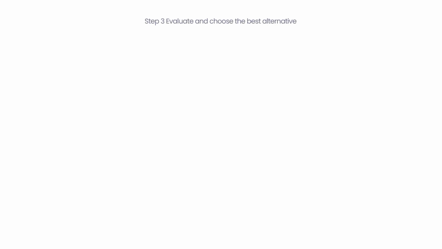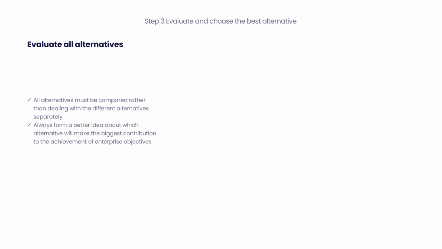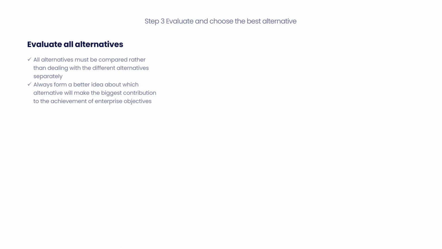Evaluate and choose the best alternative. This is step 3. Evaluate all alternatives. All alternatives must be compared rather than dealing with the different alternatives separately. Though you have created them separately, you are seeing the result of each one. Now compare.